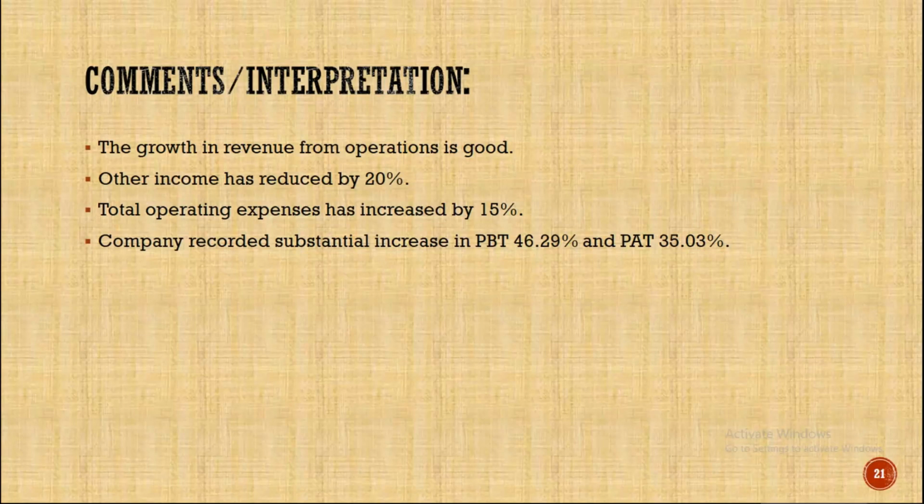Though there is increase in total operating expenses, the company has recorded substantial increase in profit before tax, 46.29%, and profit after tax, 35.03%. So this is the comment on the performance of the BCI Company Limited.